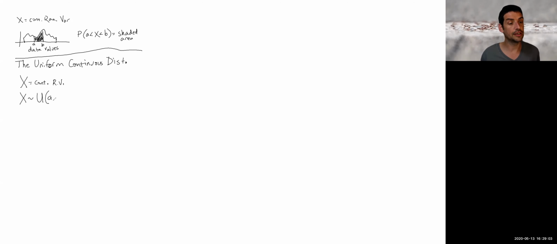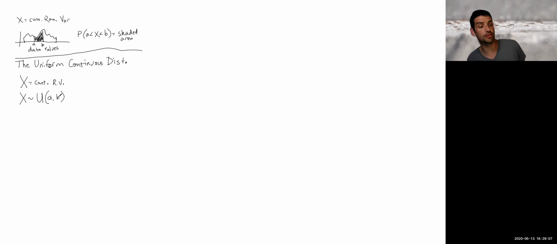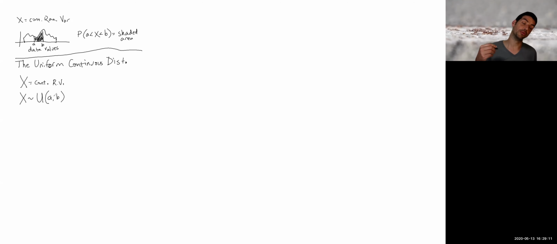And what we usually give is the smallest and highest values. So remember when we did the binomial distribution, we had to give the number of trials and the probability of success. When it was the Poisson distribution, we had to tell the average number of successes over an interval. For a uniform distribution, we need to know the smallest and the highest value that can happen for this variable.